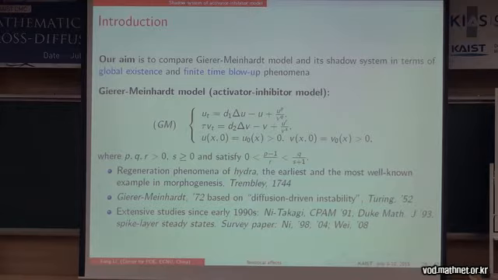There have been extensive studies dedicated to this model since the 1990s. In this talk, we just try to compare the Gierer-Meinhardt model and its shadow system in terms of very fundamental properties, global existence and finite-time blow-up, and see what happens.